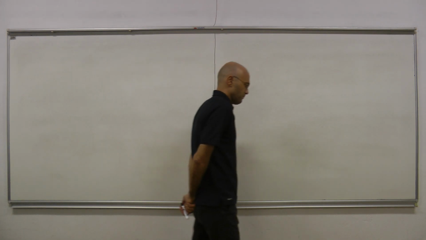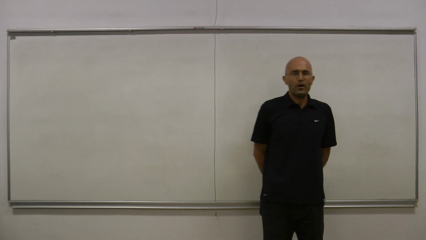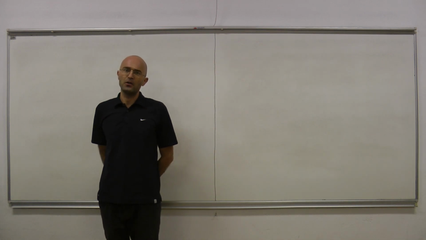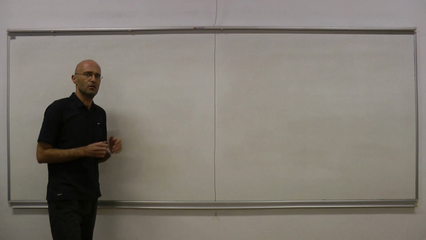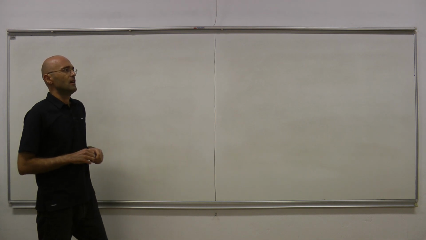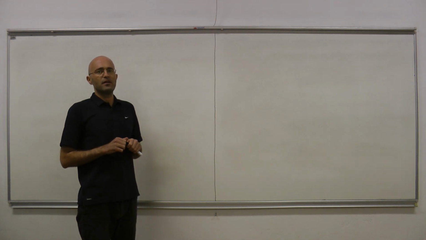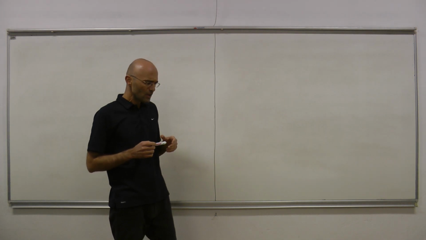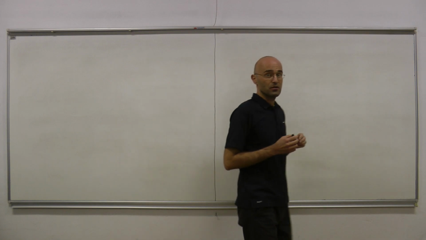Now, the important question of checking stability, that is, given a nonlinear system with an equilibrium point at the origin, how can we check whether the origin is stable or not, is an important question. Okay?